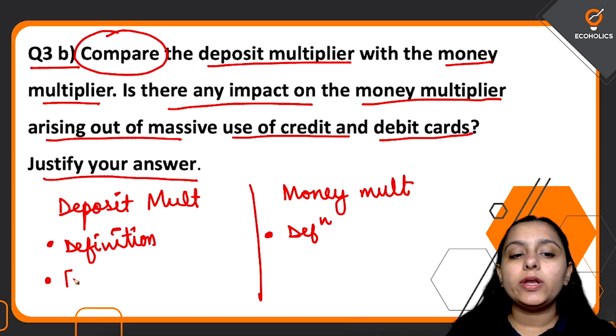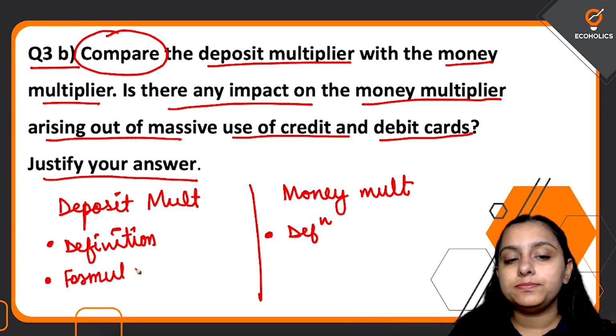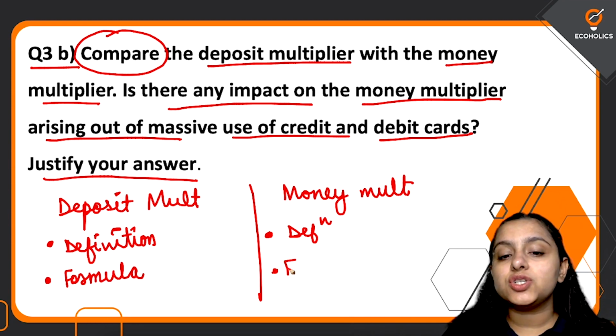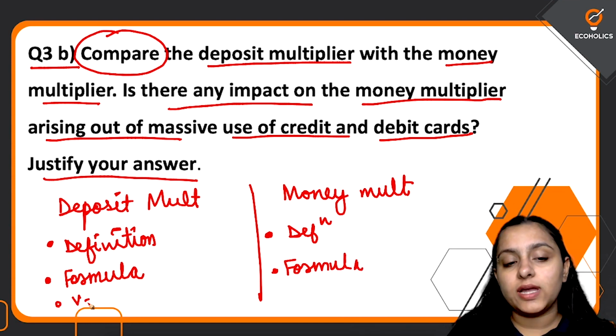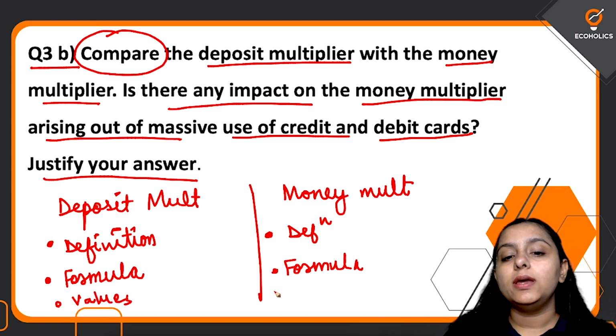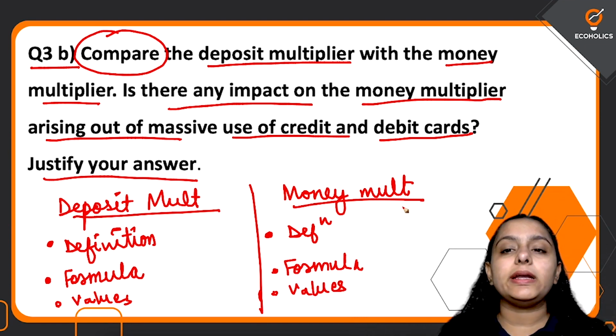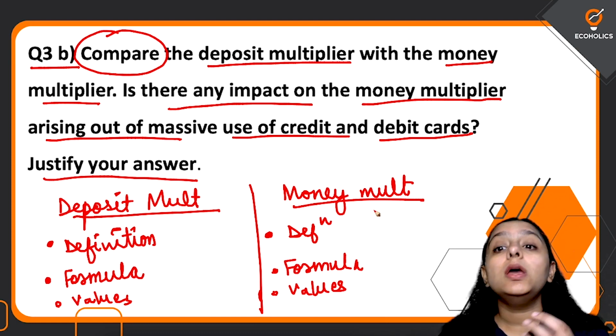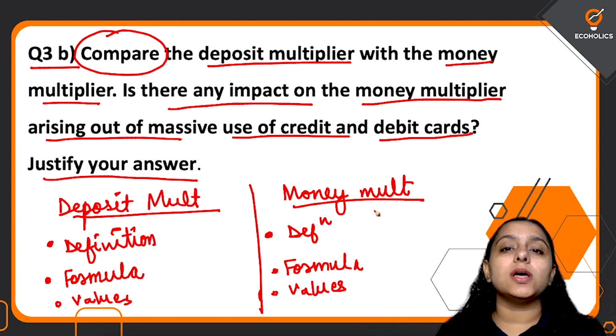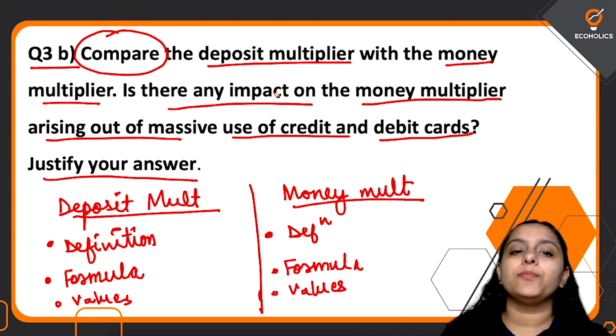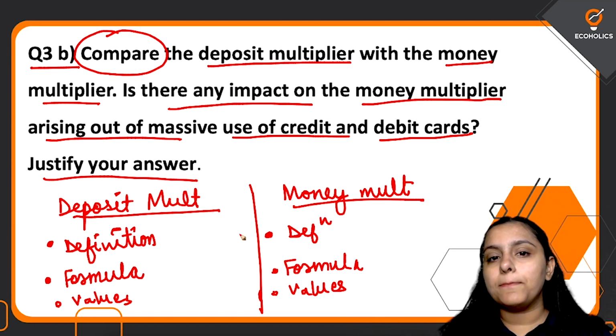The second point is the formula. You have to mention their formulas, and then you can compare their values, which one is going to be greater. The usage also you can compare. Usage can be compared while writing the definition, but you can present usage as another point also if you wish to do that. That's how you are going to compare them.